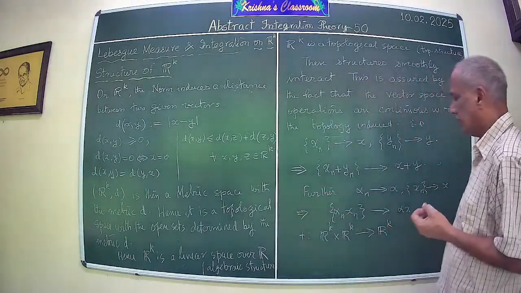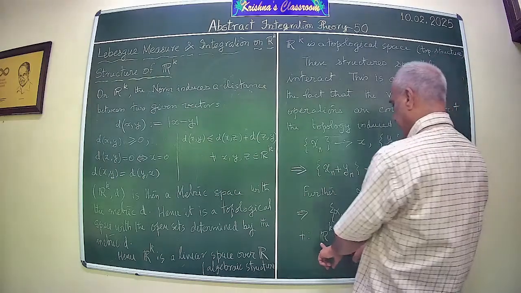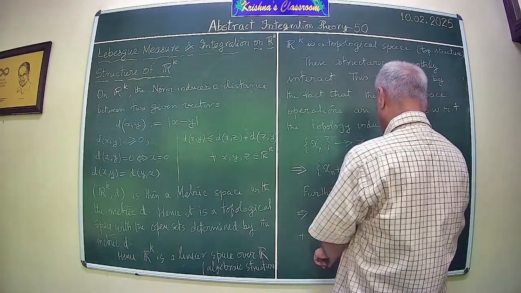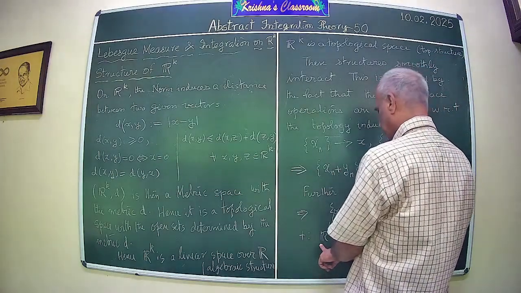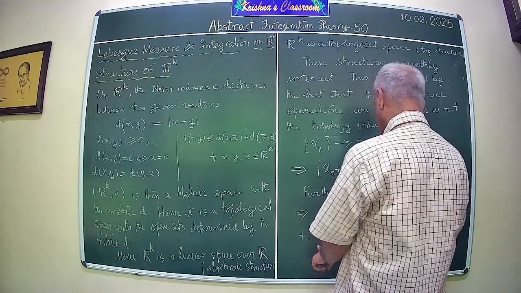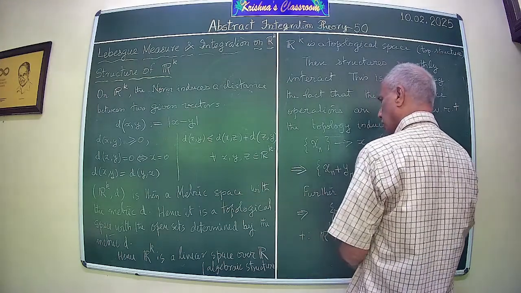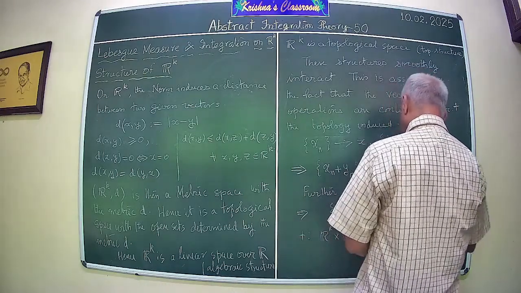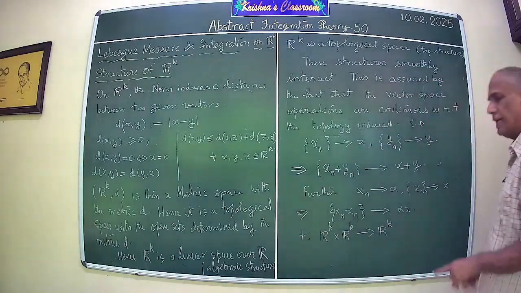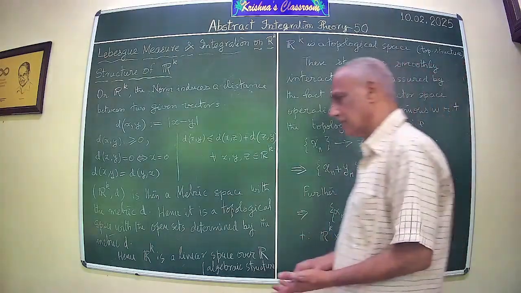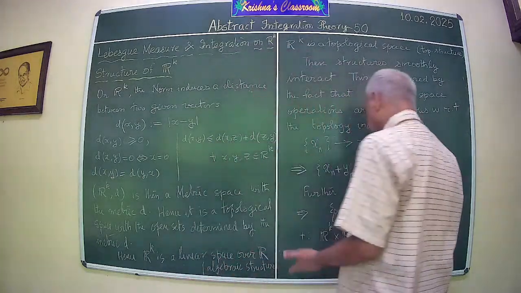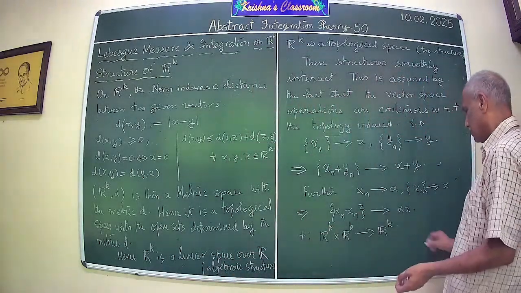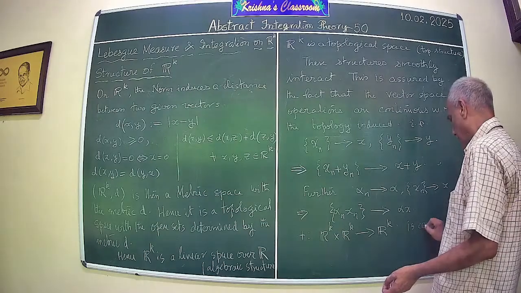Rk has a topology, therefore you have the product topology on Rk cross Rk. So this is a topological space. Addition is a map from one topological space into another, and it is sensible to ask whether it is a continuous map or not. What turns out is that it is continuous.